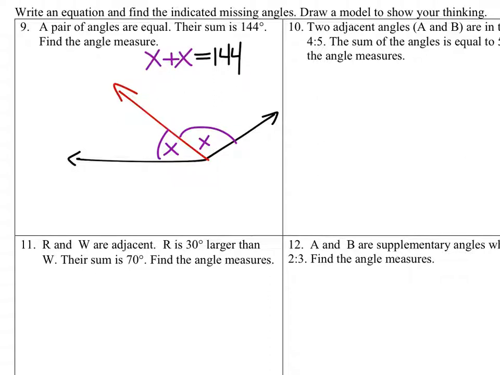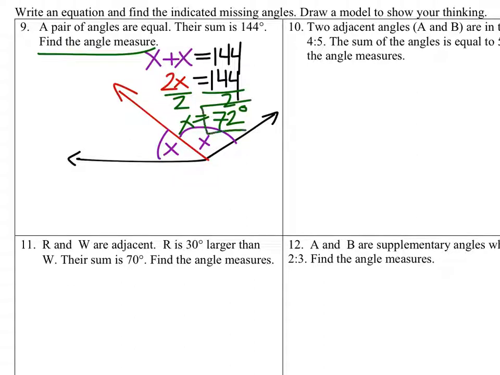The two angles added together would be two x's, and that would equal 144. So to solve, we would divide both sides by 2, and we get x equals 72. Bam. 72 degrees would be the angle measure for both.